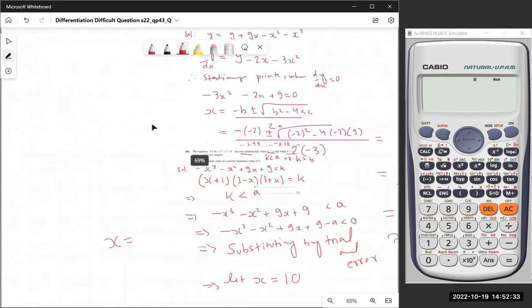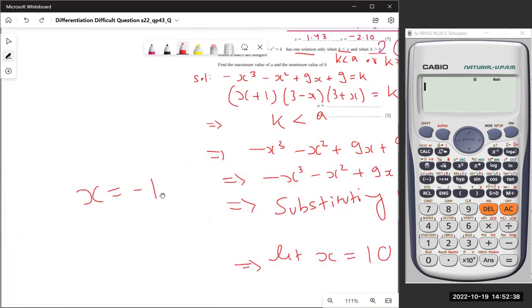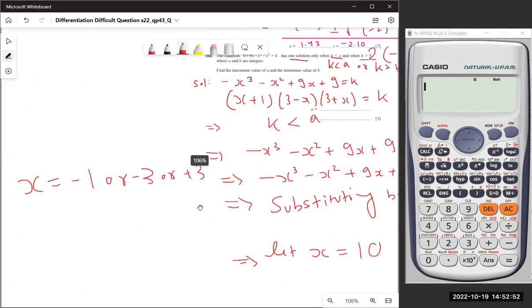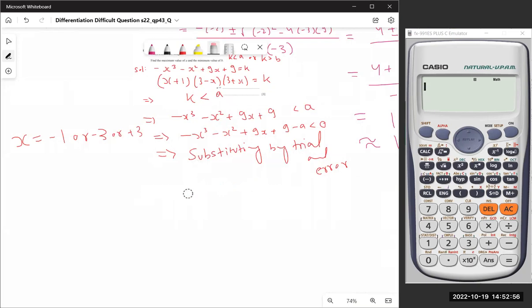What were they? Minus 1, or 3, or plus 3. We're just substituting these. These are the possible solutions we had already. I feel like it will be plus 3, minus 3. Now, all you have to do, I'll tell you what the answer is. Let's first start with minus 1.